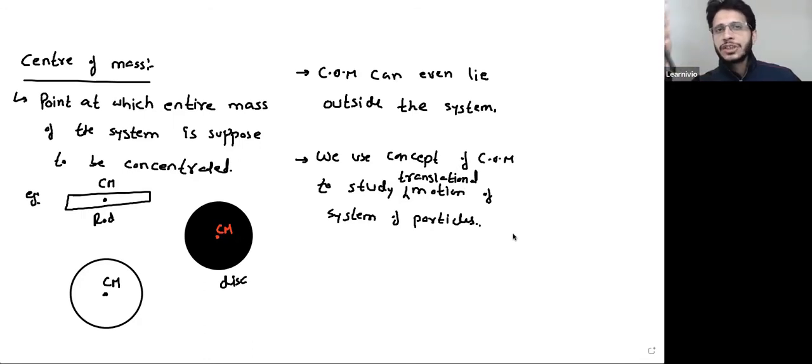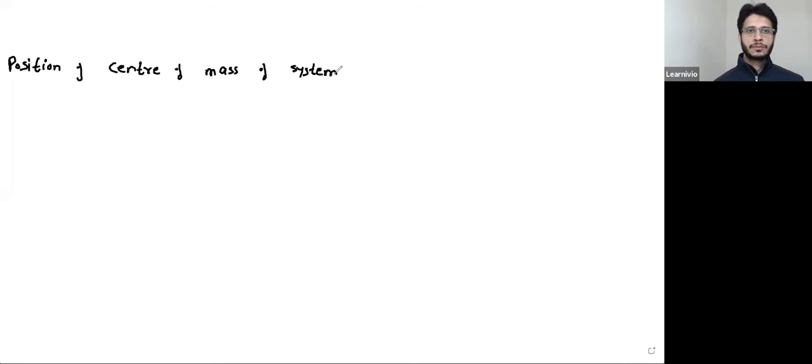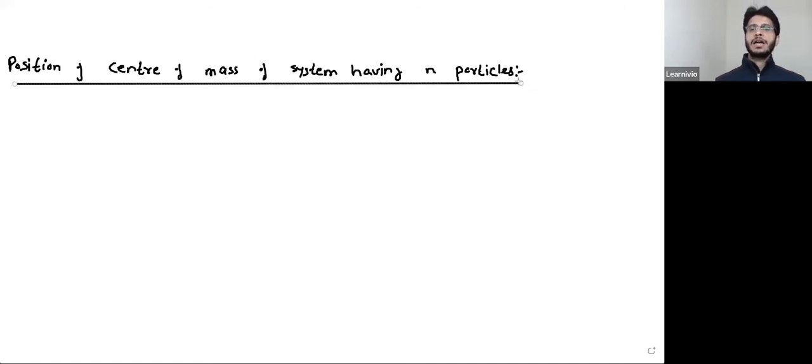Then acceleration, force, momentum, and energy of center of mass, of a system having n particles. So center of mass is just a point at which you can suppose that the entire mass of the system is concentrated. This is the point through which you can replace your entire system.